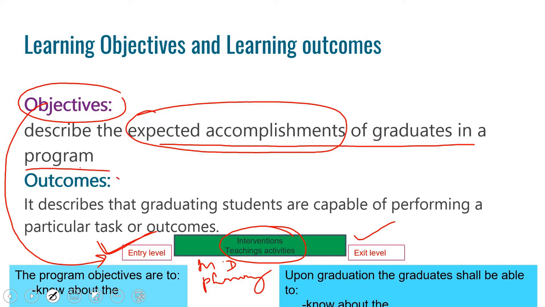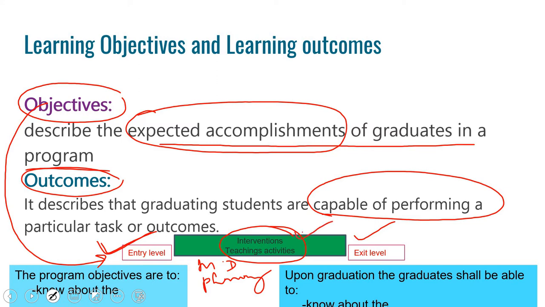Remember, the outcome of a program describes the capability of a graduate once he is exposed to a certain learning environment, and that gives him a particular level of competence. In other words, the learning outcome describes the ability of a graduate.